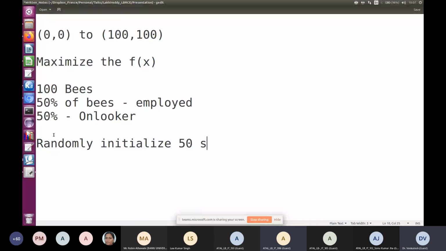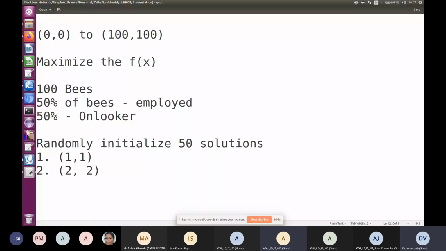So 50 possible solutions can be like this, for example a 1, 1. This is one possible solution where the maximum value can be found, and this is the second one. Our ultimate aim is that these possible solutions should be between 0, 0 and 100, 100, it might be 2 to 2.5 also.